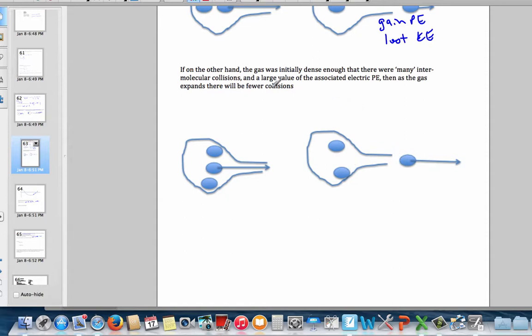So in these gases, which are more dense at standard temperature and pressure, like hydrogen, then in this expansion, there's actually less PE due to the fewer collisions, and therefore more kinetic energy, and it's actually hotter than it was.